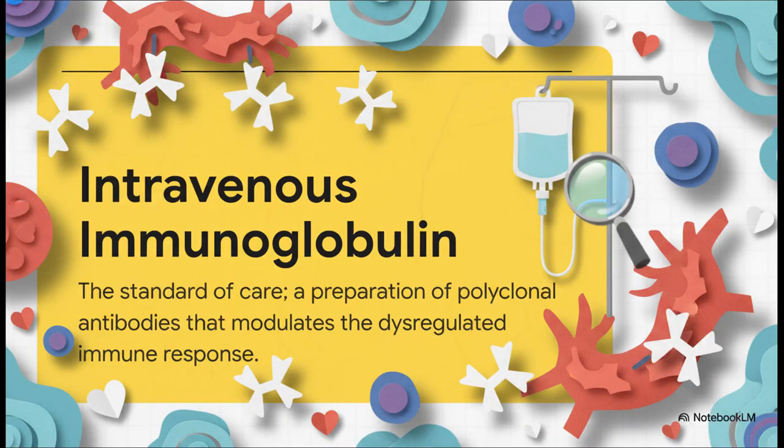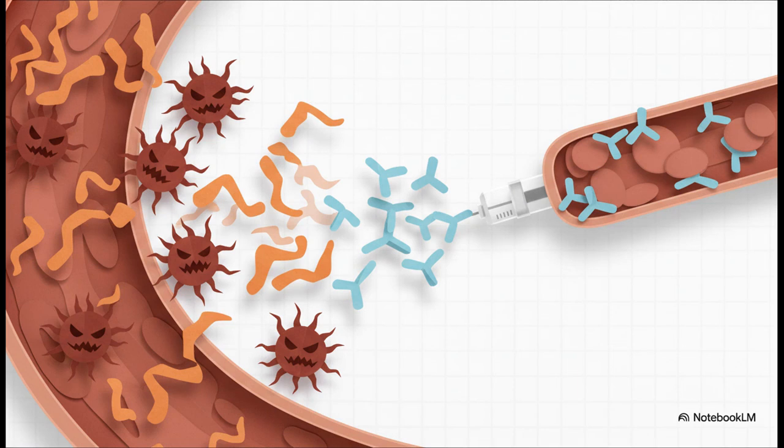The primary intervention, and this was a true breakthrough in managing this disease, is high-dose intravenous immunoglobulin, or IVIG. When we give it early, it is our single best tool for quieting that dysregulated immune response and preventing coronary artery damage. So how does IVIG actually work?